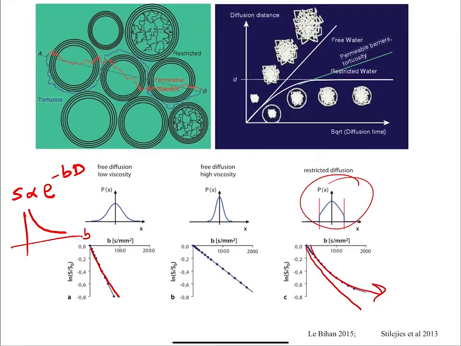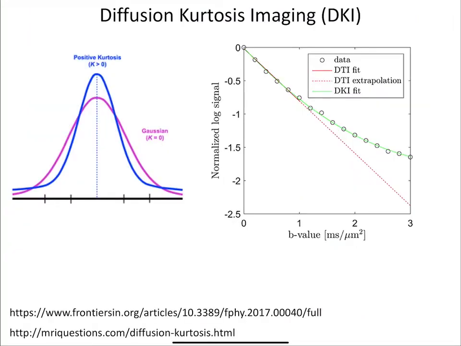Okay. So in every voxel, you actually have a distribution of the rate of diffusivity. It's not just that in every voxel there's one diffusion coefficient. In any given voxel, there's probably a big range of diffusion coefficients. So the next level of modeling is taking that into account. One way of doing that is something called diffusion kurtosis imaging, which some of you may have heard of.